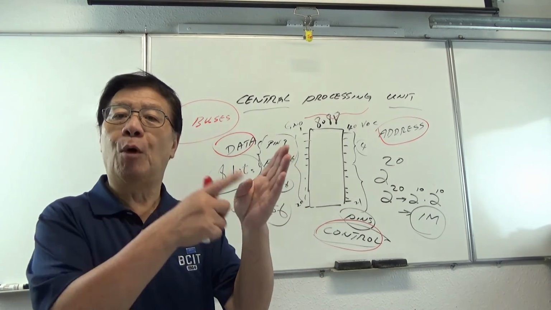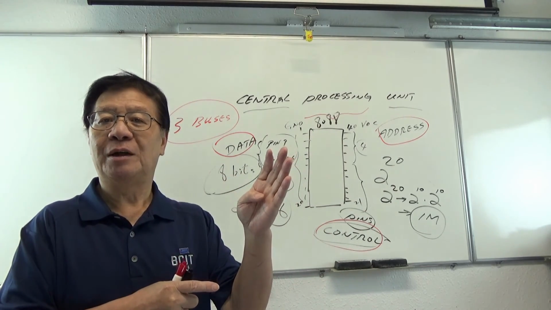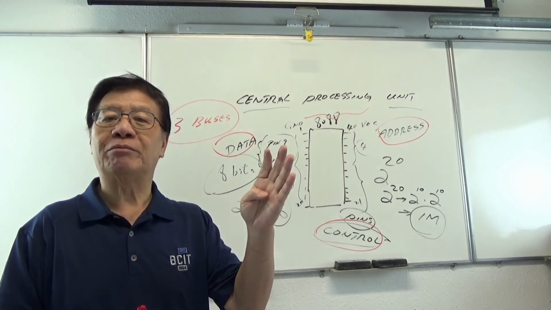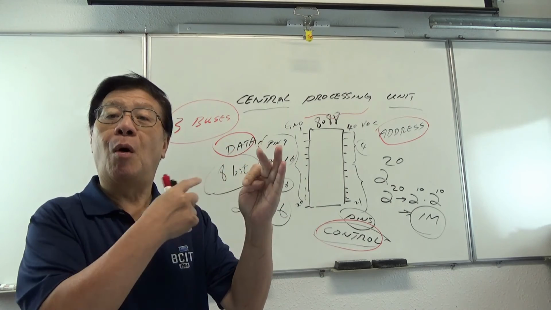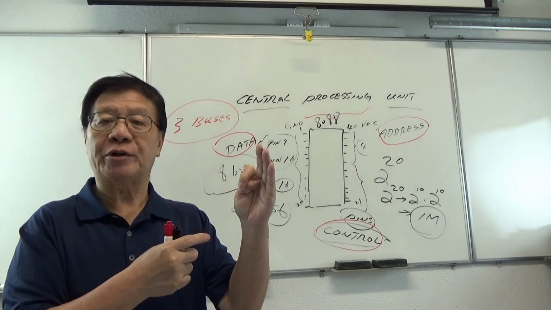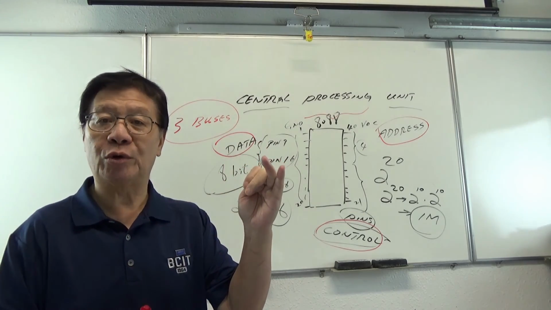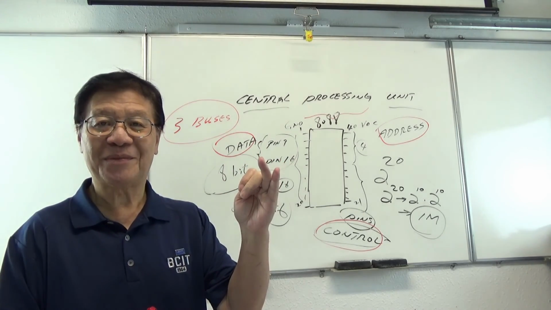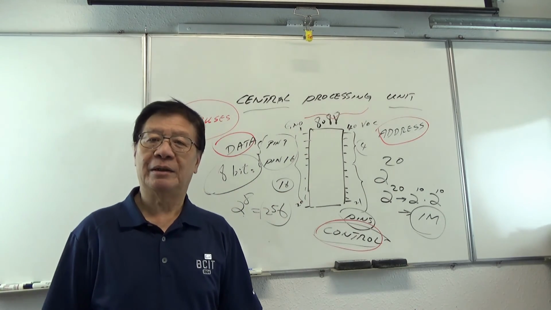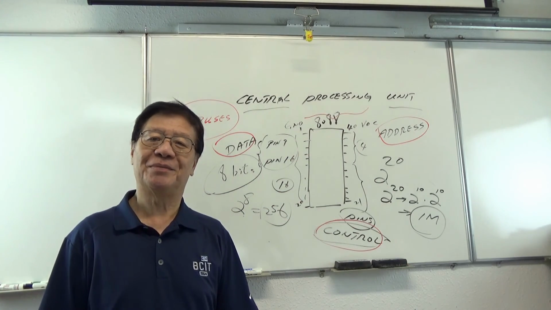So that means you need more data, and more areas. So that's why we need more addresses and more controls, right? Agree? So that's what a CPU is.